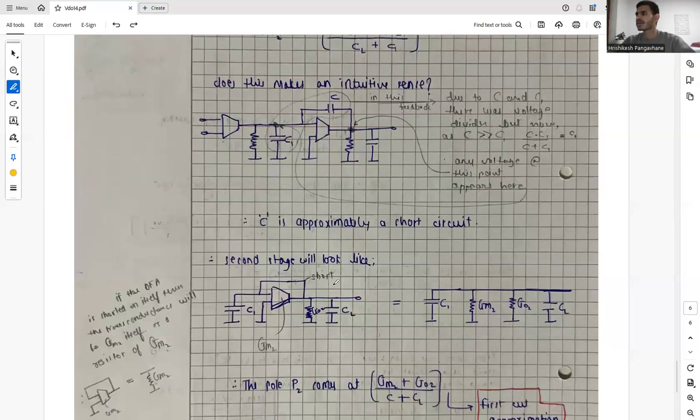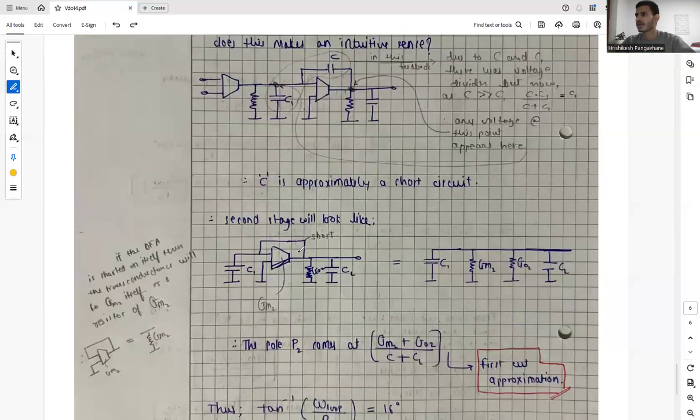And now the second stage will look somewhat like this, where we have a short and we have its gm2 value. So if a transconductor is shorted on itself, then it will act as a resistor with a conductance of gm2.